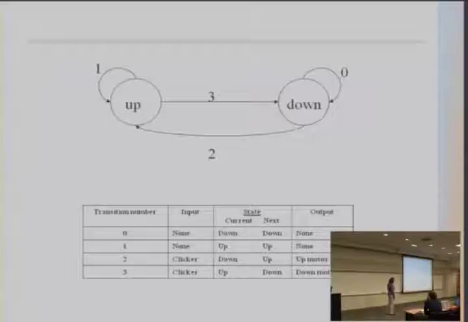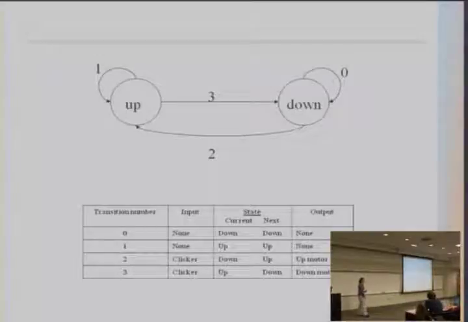So if we are down and we want to stay down, what will be our states? Basically, transition number is 0. We have no input because we want to stay down. We stay down, next state is down, and the output is none. Now, if we want to go from down to up, we need to activate the clicker, and that will be our transition 2, and the output is up motor.